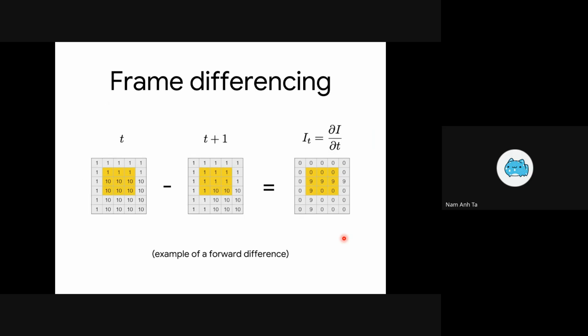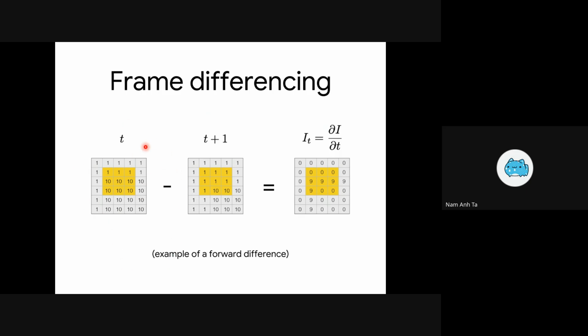The most common way I just mentioned is frame differencing, also known as forward difference. This diagram shows what it looks like when we subtract frame one from frame two.